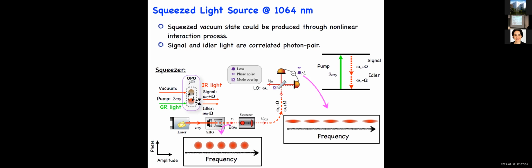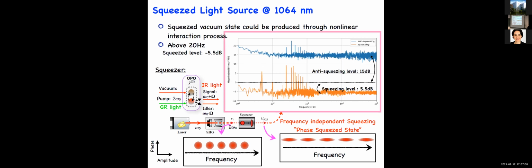So when we measure the noise fluctuation, we can get this result. Above 200 Hertz, we achieve the squeezing with a squeezing level of -4.4 decibel. It corresponds to the anti-squeezing level of 50 decibel in here.